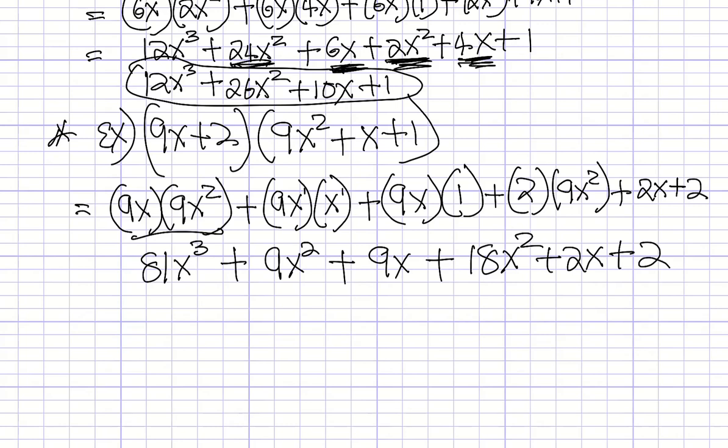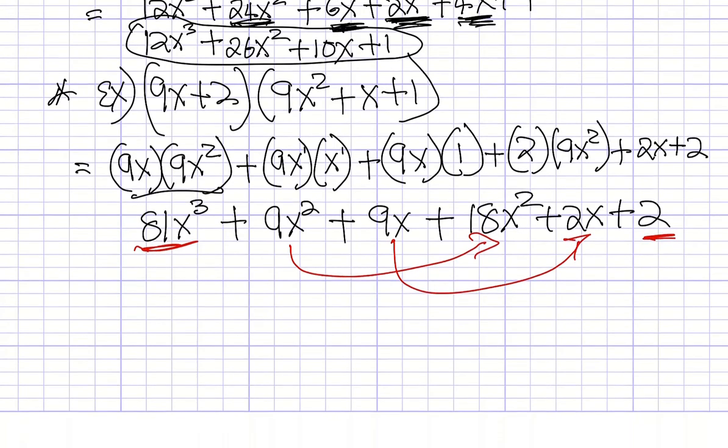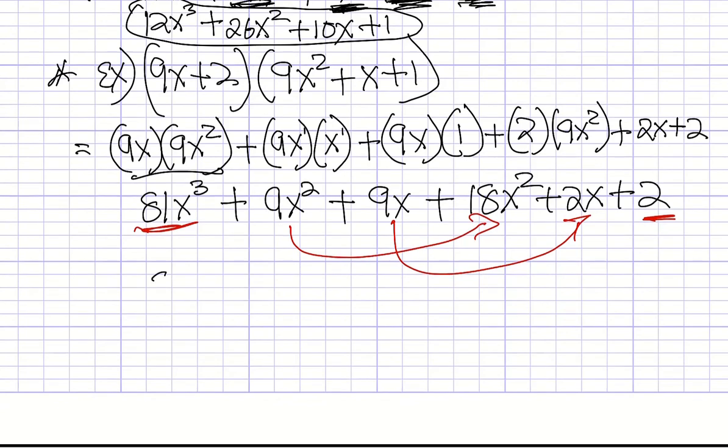Now you have to add the like terms. This one is by itself. This one adds to that one. This one adds to this one. And that one is by itself. So let's do it. So you say 81x cubed by itself. Okay, what is 9x squared plus 18x squared? That's 27x raised to the power 2.